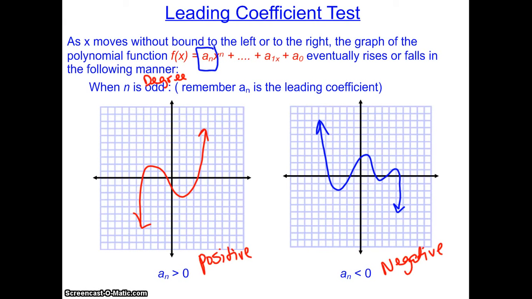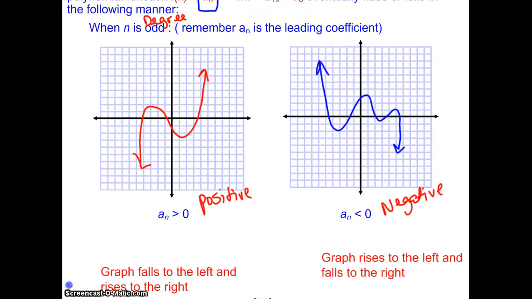Let's talk about the end behavior. So on the left function here, the graph falls to the left and rises on the right. How would we write that in mathematical notation? f of x will represent the graph. f of x goes down. What's down? Negative infinity.